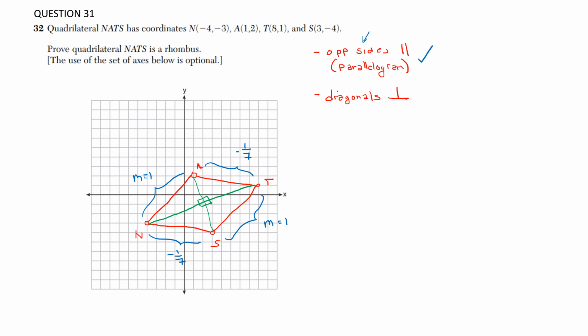In addition, we must have the diagonals be perpendicular to one another. Now, what does that mean? That means that their slopes, let me change to green, their slopes have to be negative reciprocals of one another.